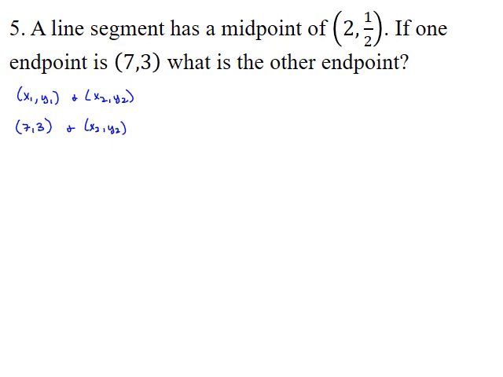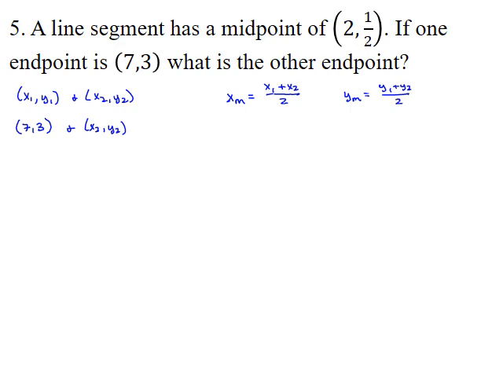But if you look, you also know what the midpoint is. If you go back to the previous problem, we described xm of the midpoint as being x1 plus x2 over 2, and ym as being y1 plus y2 over 2.